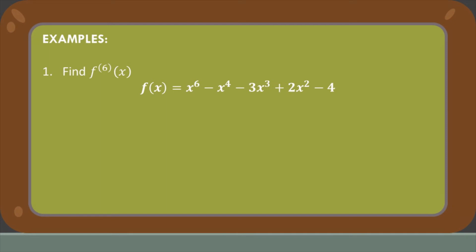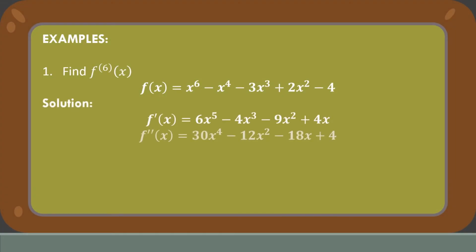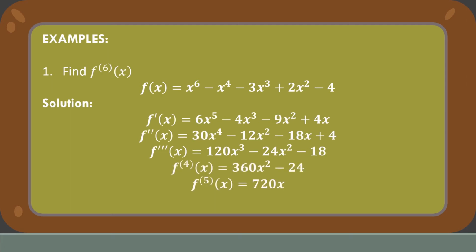Find the sixth derivative of the function x to the 6th minus x to the 4th minus 3x cubed plus 2x squared minus 4. For the solution, we take the first derivative of the function. We have f prime of x equals 6x to the 5th minus 4x cubed minus 9x squared plus 4x.